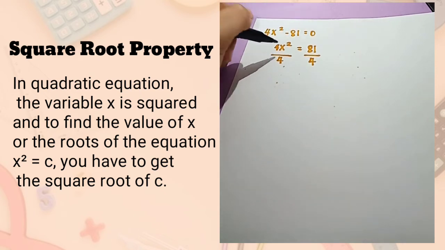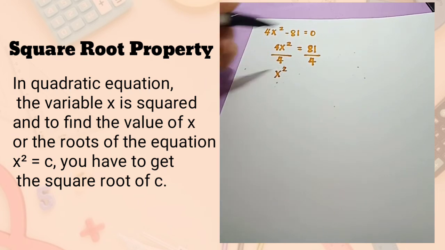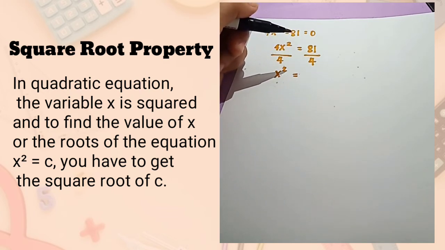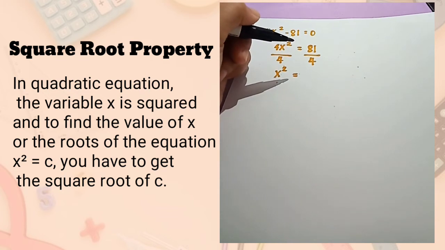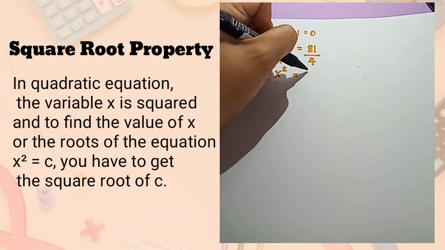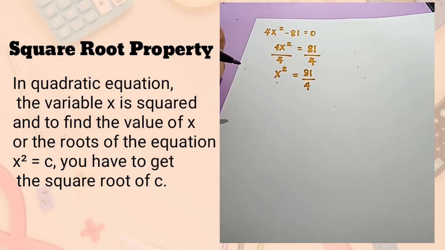Kasi kung anong gagawin natin sa left hand side, ganun din yung gagawin natin sa right hand side. Okay, so since ito ay 4x squared divided by 4x squared na lang. Then, 81 divided by 4 ay hindi natin masyado makukuha yung eksaktong or whole number niya. Kaya, isusulat na lang natin siya into fraction para mas mabilis tayong makakuha ng square root.